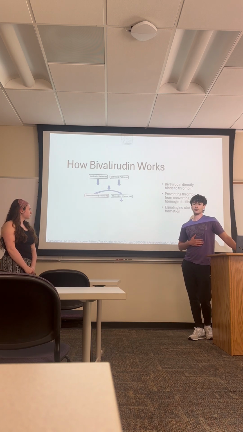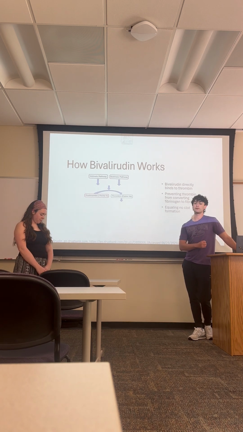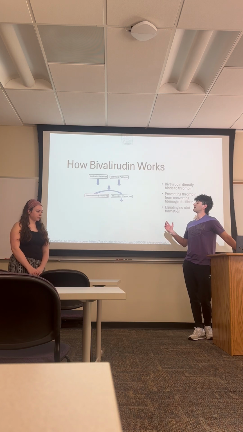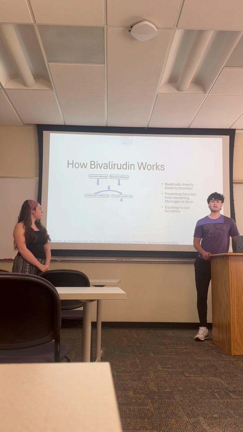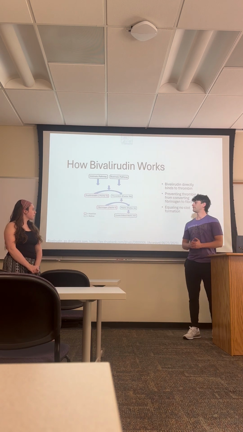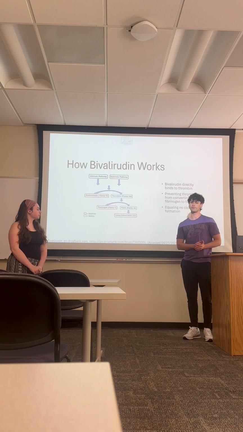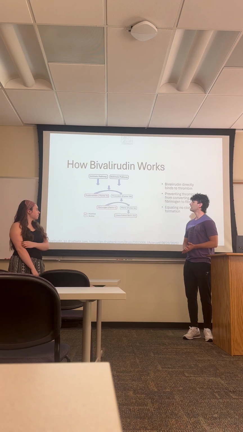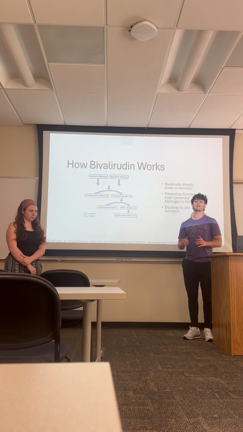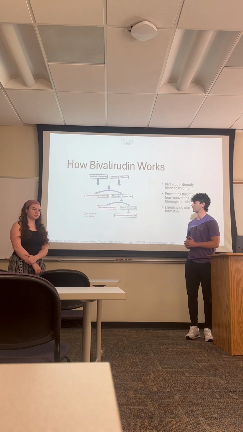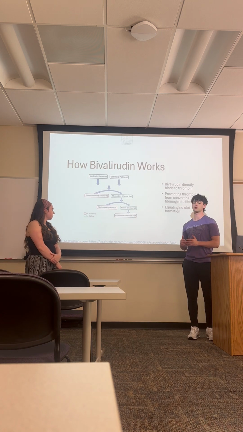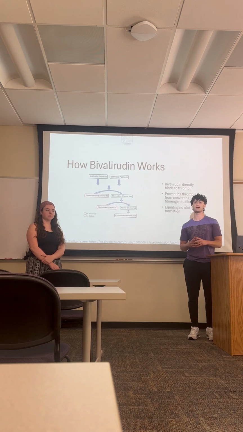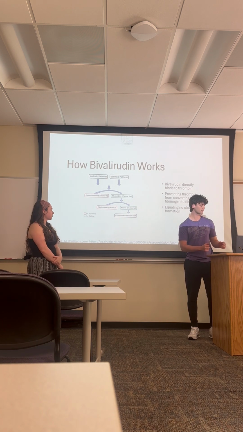Prothrombin is already in our blood, and then there's a multitude of factors that turn it into the enzyme thrombin. Thrombin is then used to turn fibrinogen into fibrin. Fibrinogen is already in our blood, and thrombin is that enzyme that catalyzes it into fibrin. And fibrin, like we said, was the cross-link that forms around the blood clot to strengthen it and make it so the blood cannot flow freely through.